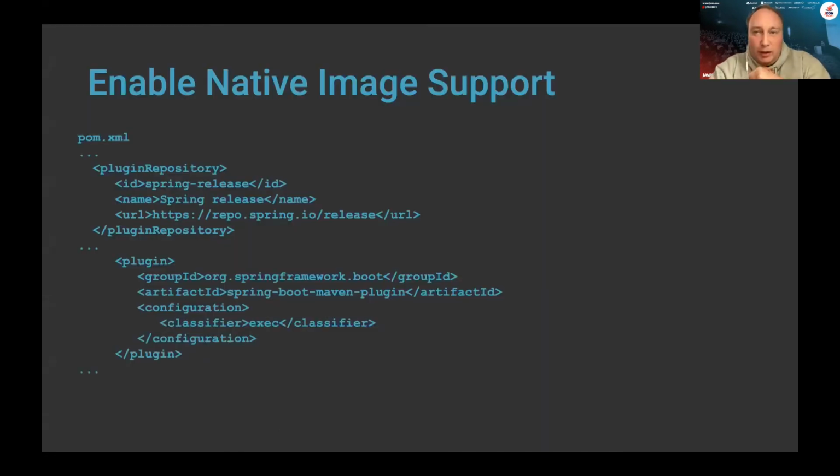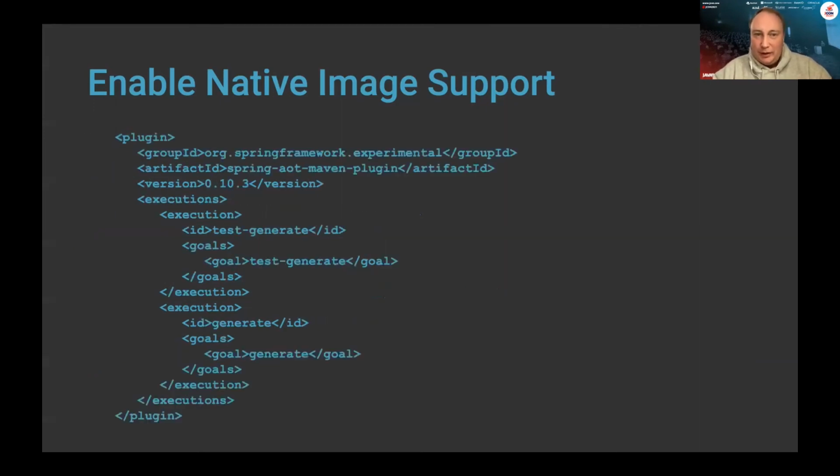So if you go and study what Spring Initializr generates for you, you can reproduce it even in your existing projects. Of course you will have some configuration for the Spring Boot Maven plugin, right? You may need to tune it. You will have to add a specifically designed plugin called the Spring AOT Maven plugin.